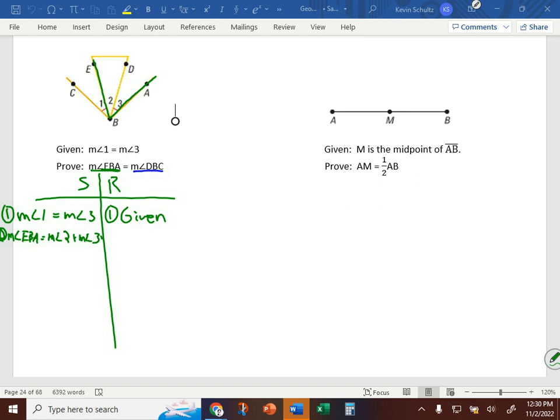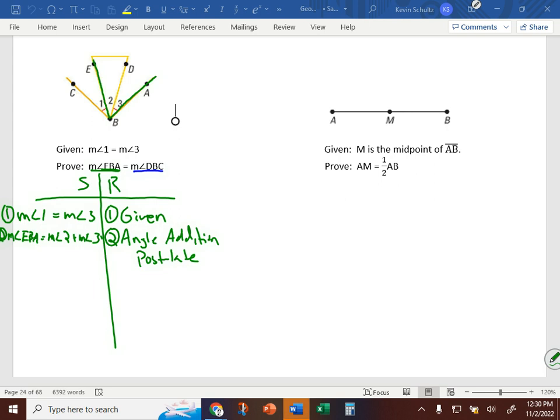Okay, and what allows us to say that? What theorem, postulate, definition, whatever, Kylie? The angle addition postulate, which says that the parts of the angle will sum to equal the whole angle.